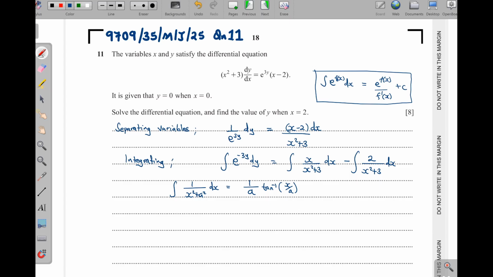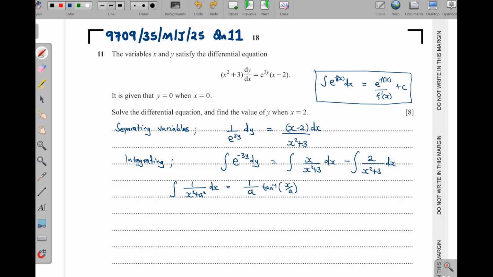So you just need to transform this one here. This one here is going to be root of 3, so 3 is the same as root of 3 squared. That means our a here will be root of 3. You see that?